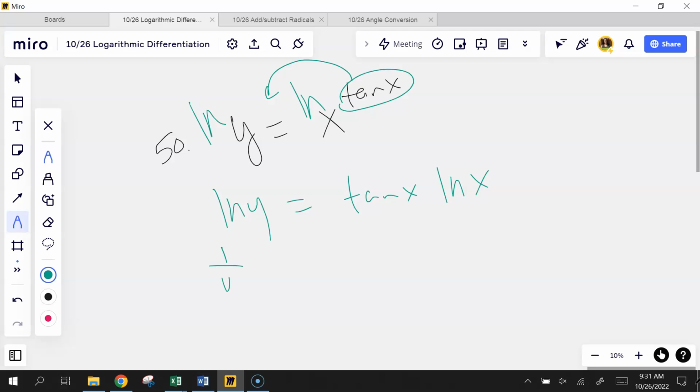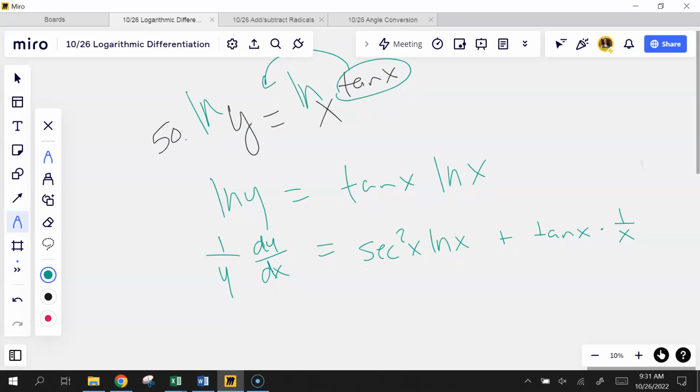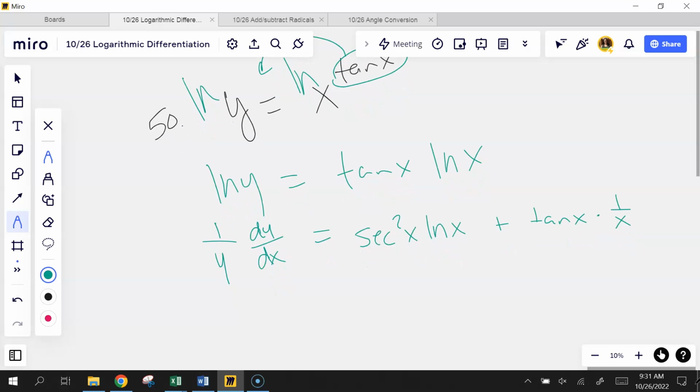All right, so I got 1 over y dy/dx equals derivative of the first, derivative of tan x, secant squared x, times the second, plus the first times derivative of the second, derivative of log x. I'm going to multiply both sides by y. So dy/dx equals y times secant squared x log x plus, I'm going to probably make this tan x over x.